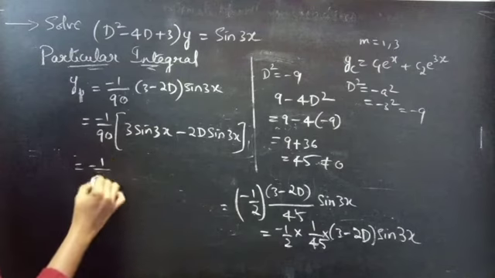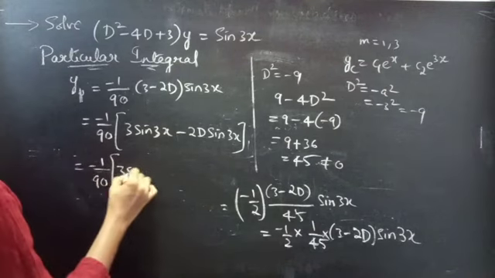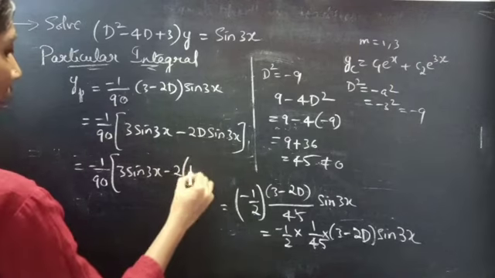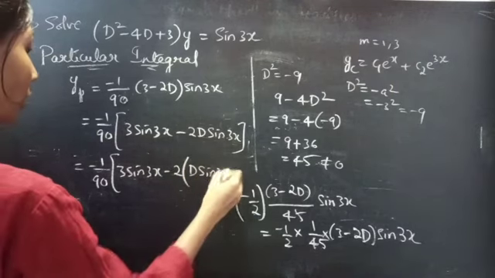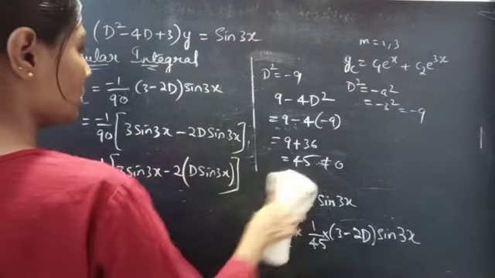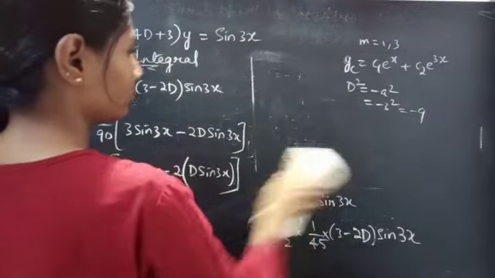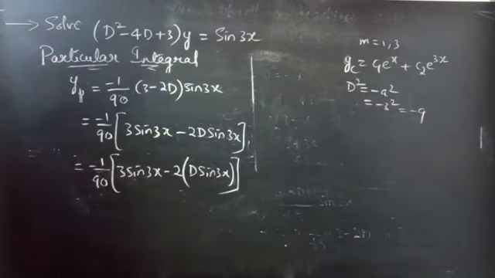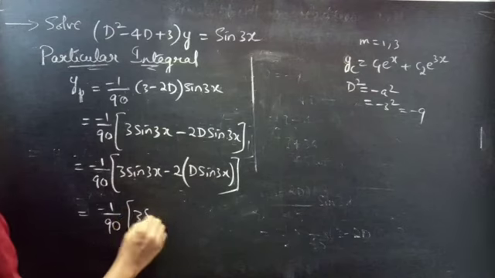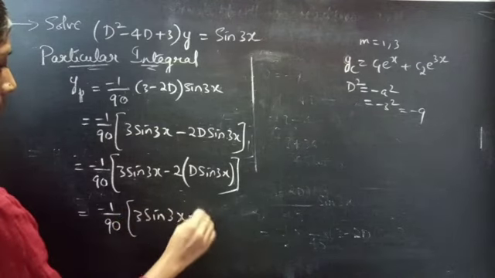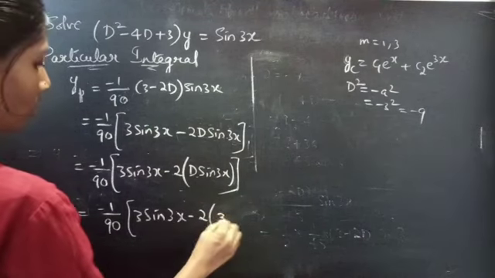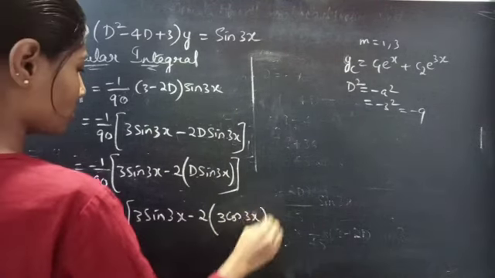You can write directly the derivative of sine 3x instead of writing D sine 3x under brackets. This is equal to minus 1 by 90 into 3 sine 3x minus 2 into the derivative of sine 3x, which is 3 cos 3x.